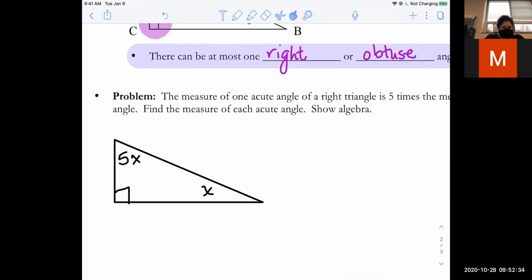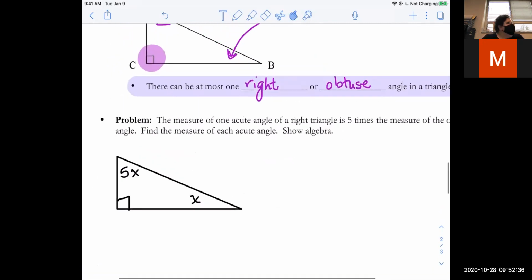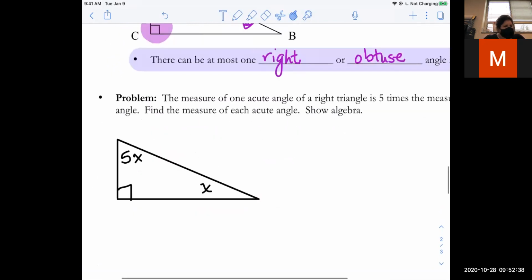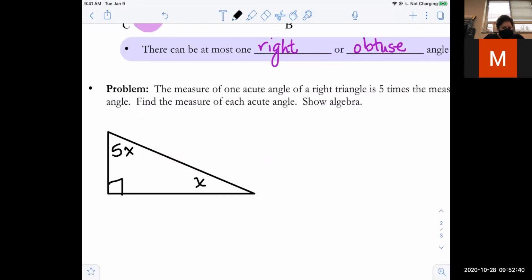There are 2 ways you can do that. Derbla, can you give me one equation that would work? Five x plus... okay.